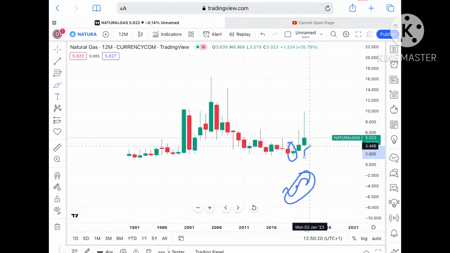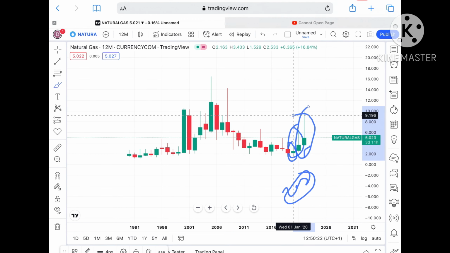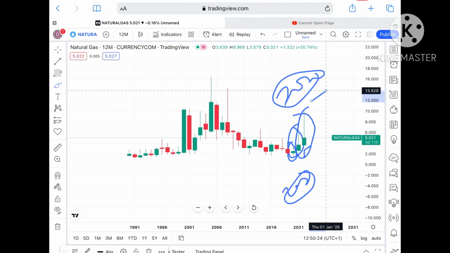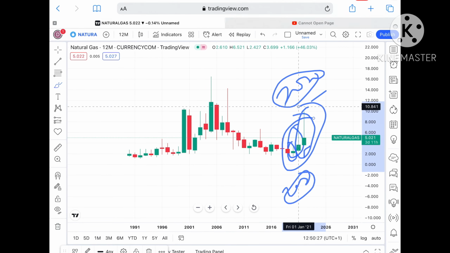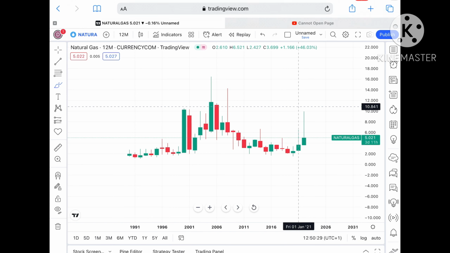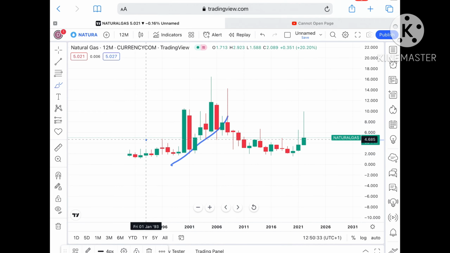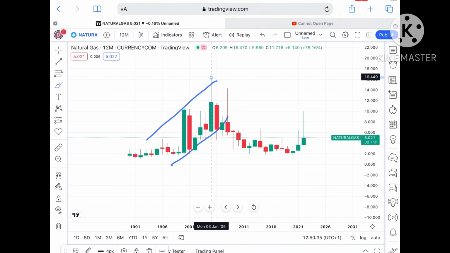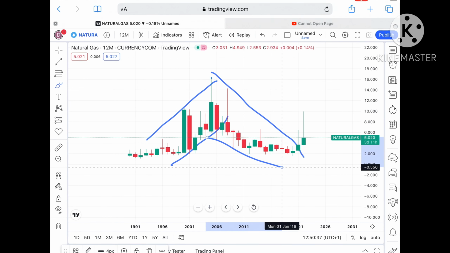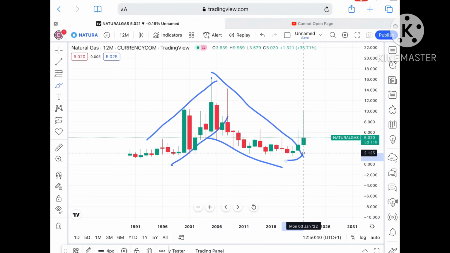That means it was on the upside, and these two candles are forming from 2020 to 2021, 2022. These green candles show that the natural gas price was continuously increasing. Okay, but if you look at this particular chart from 2005, it is continuously on the downside. Okay, and now it is trying to move upside.